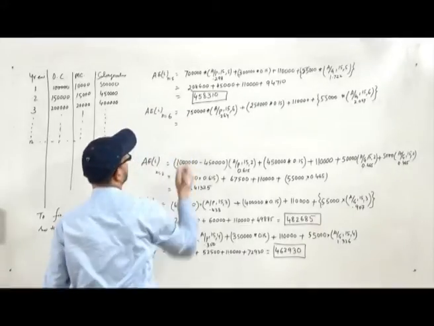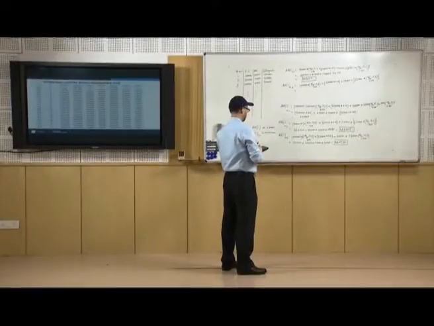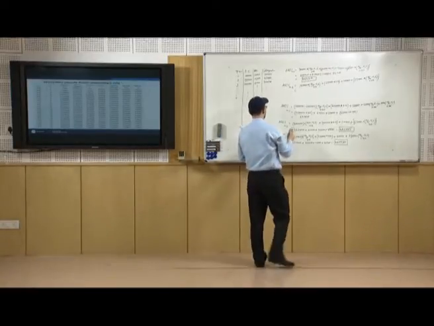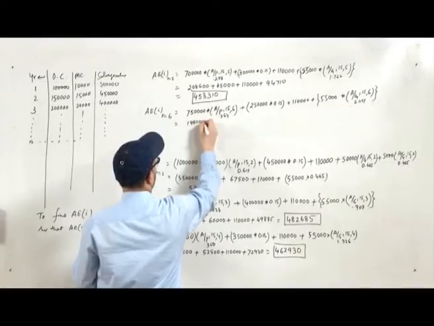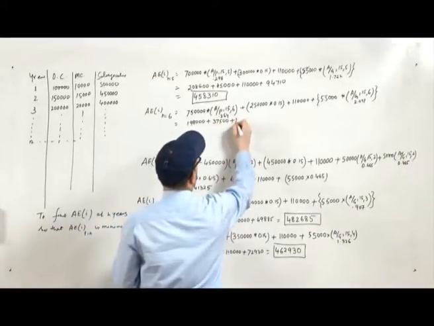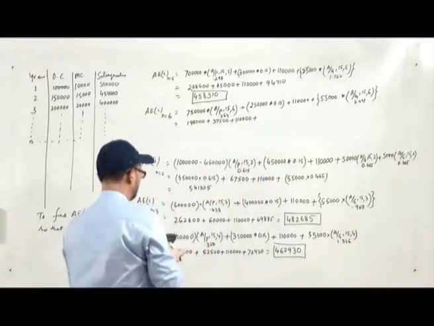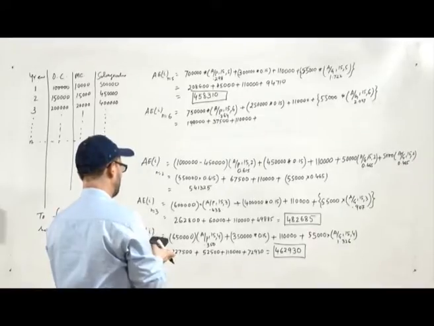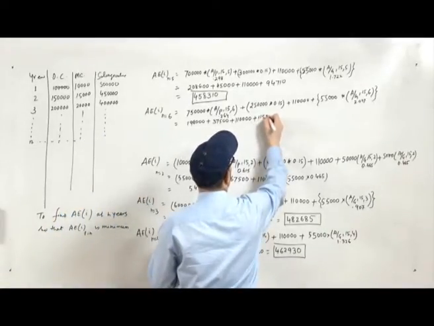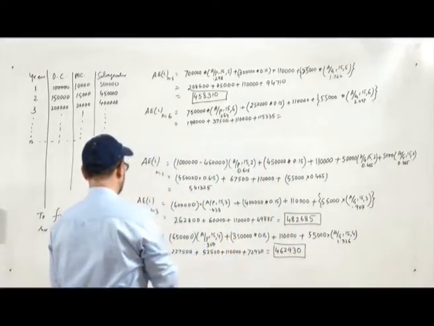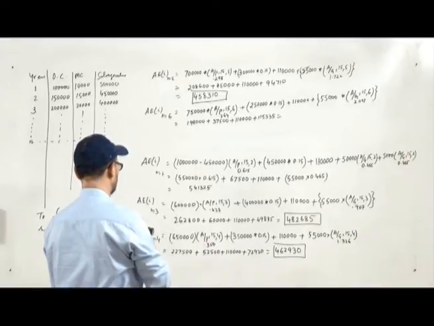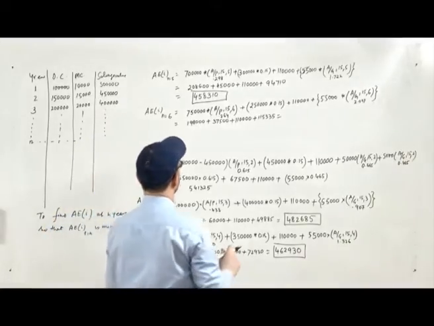So, 75,000 multiplied by 0.264, that is 198,000, plus 37,500, plus 1,10,000, plus 2.097 multiplied by 55,000, so 115,335. This comes out to be 460,835.